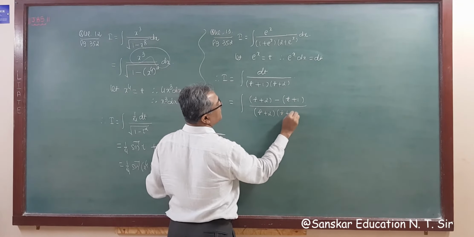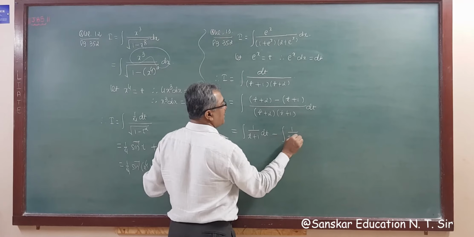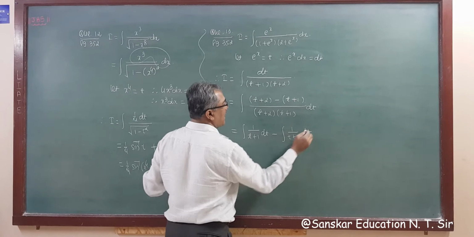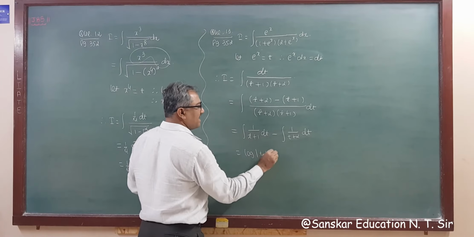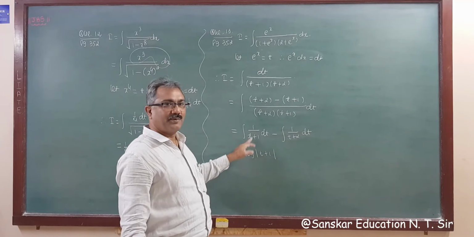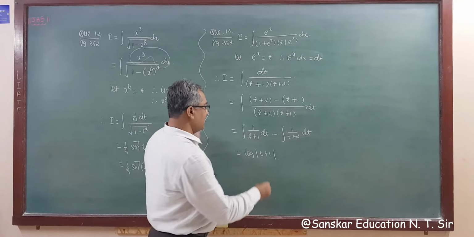I forgot that there is e raised to x in the numerator also, so that made a problem. Taking this separately, what do we get? Integration 1 upon t plus 1 dt minus integration 1 upon t plus 2 dt. So the answer is log mod t plus 1. Now no need to explain anything, the derivative is in the numerator on both sides, right?